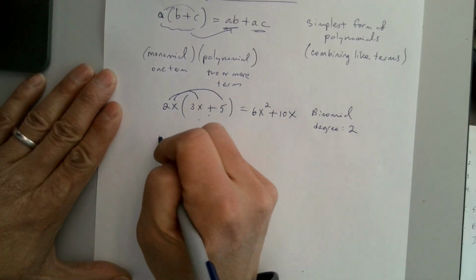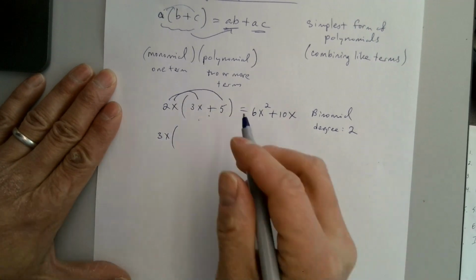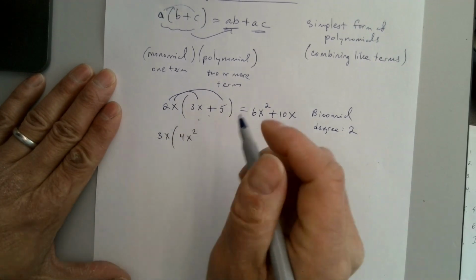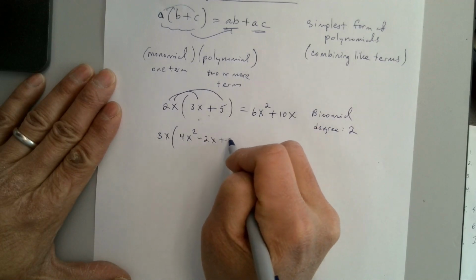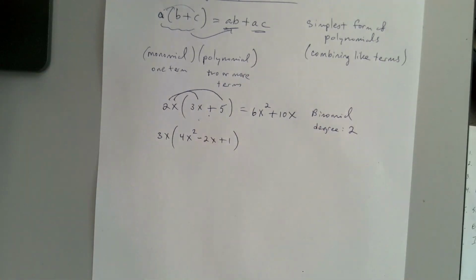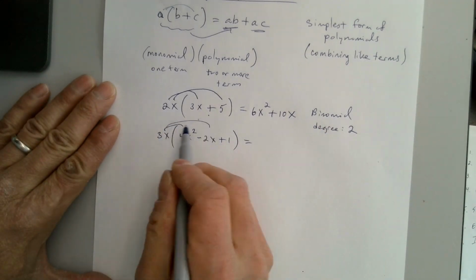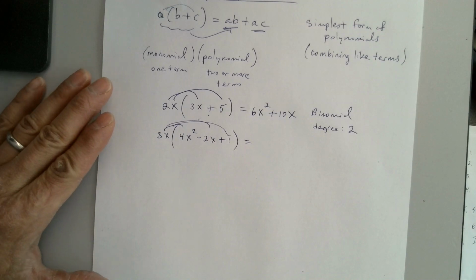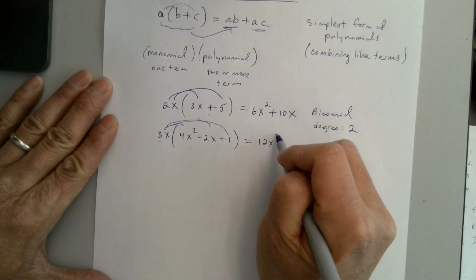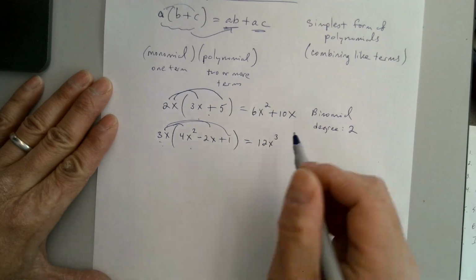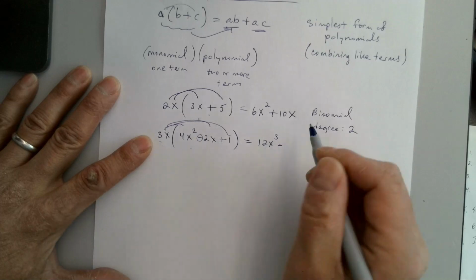Now, I can also multiply a monomial with a trinomial, such as this. The only difference is I'm going to have to distribute that 3x to all three terms. 3x times 4x squared, 12x cubed. 3x times 2x is 6x squared, but remember this is a minus because that was a minus.